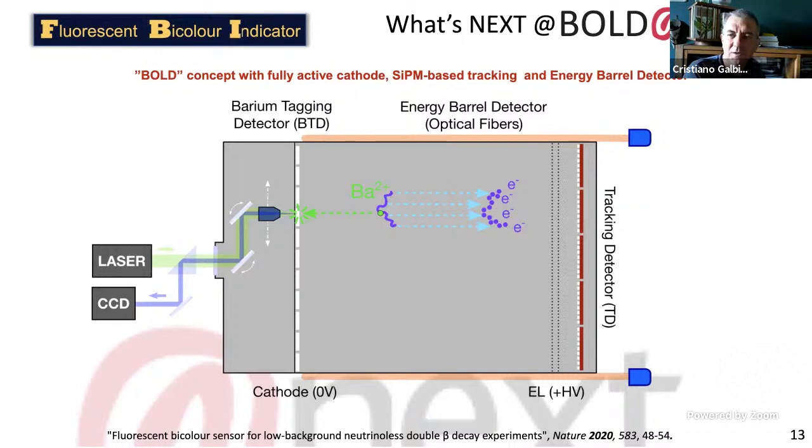So it's a very interesting development, something which is still at the level of a conceptual system, but you should look out for the development of the system because it has the ability to zero out, if successful, any other background which is not coming from a double beta decay, either with 2 or with 0 neutrinos.